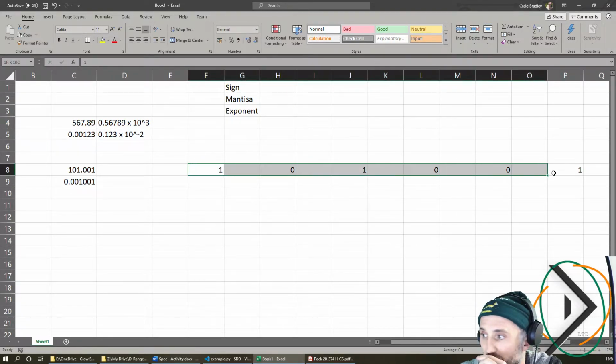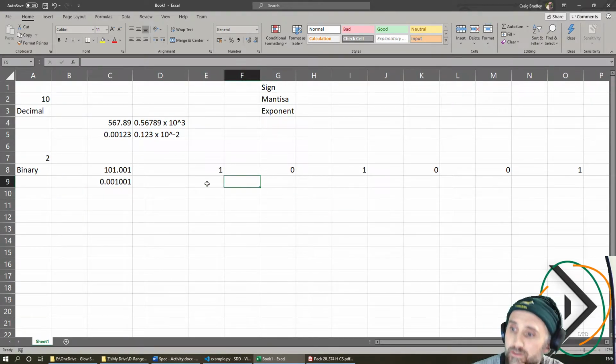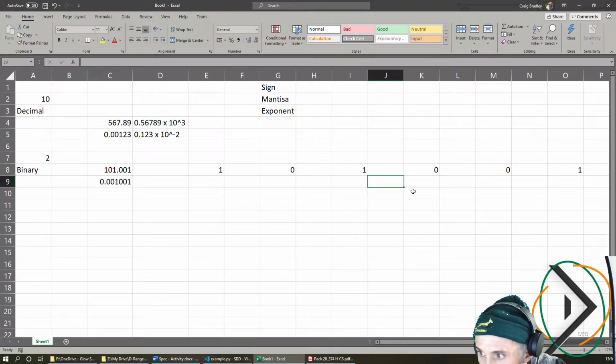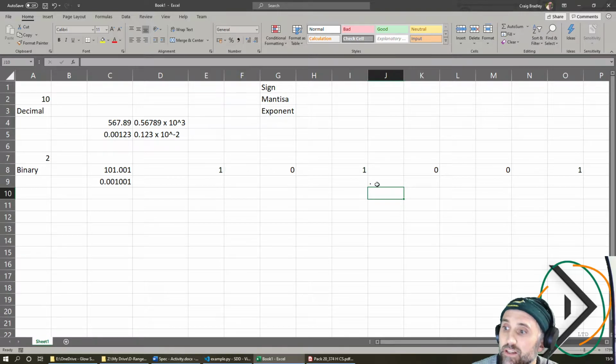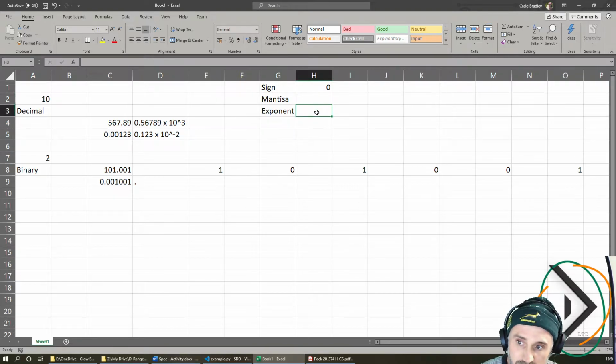My decimal point is after the 1, so I need to move that decimal point to the left 1, 2, 3 placeholders. First of all, it's a positive number, so 0. My exponent is now 3.